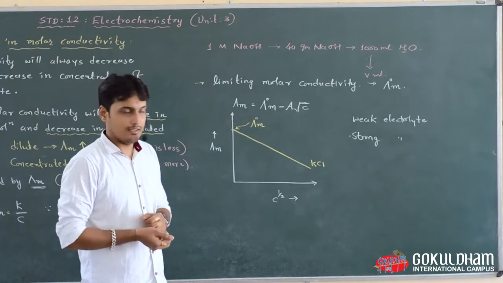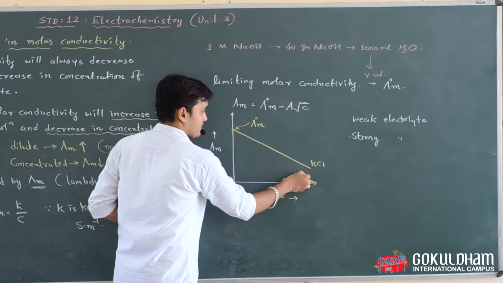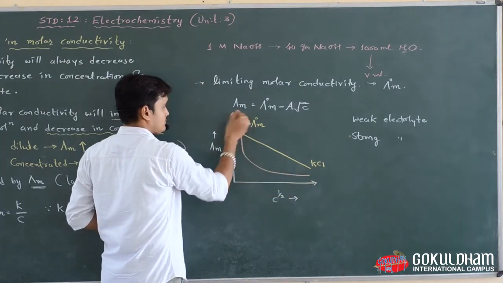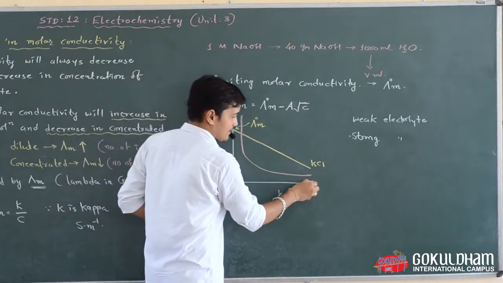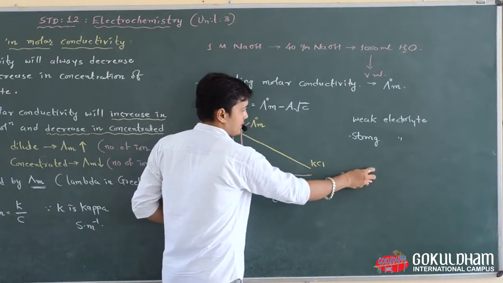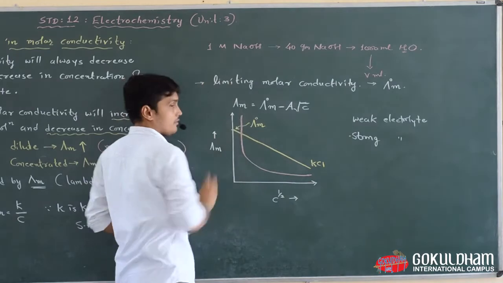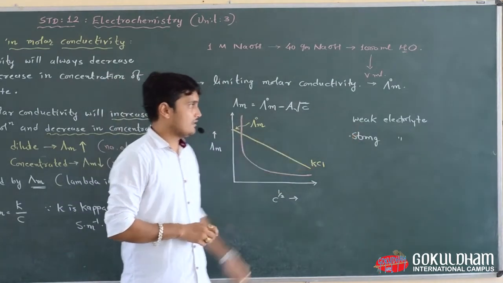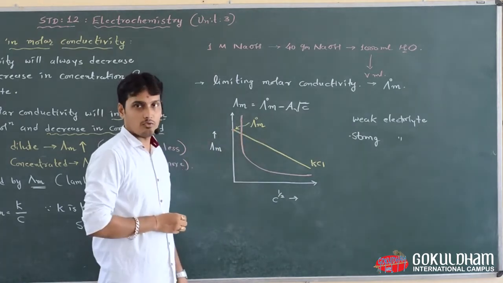In weak electrolyte, you get the graph in a curved motion. Curved motion means these two lines are parallel at infinite distance and these two lines are also parallel. Means in a weak electrolyte you do not get the intercept like strong electrolyte.